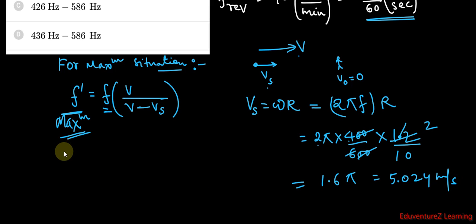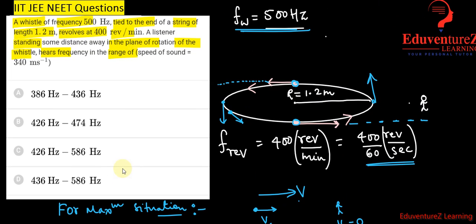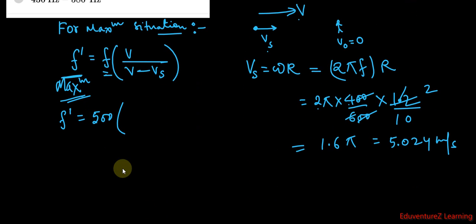Now put these values here. So f dash maximum equals f, 500 hertz, into, we have to take the speed of sound as 340, so 340 divided by 340 minus 5.024.